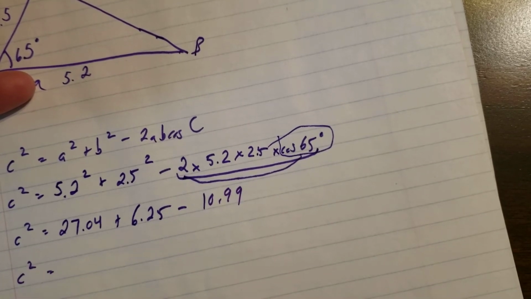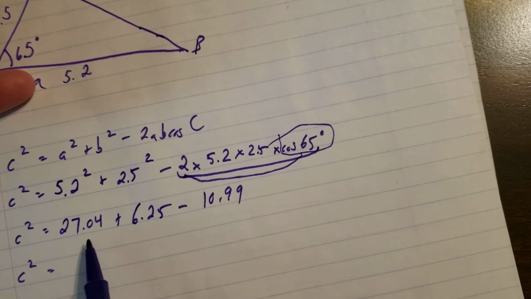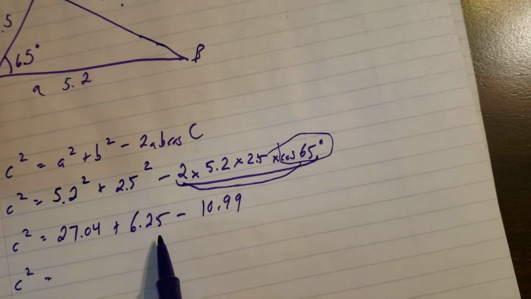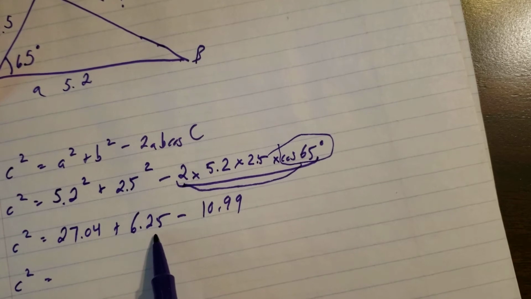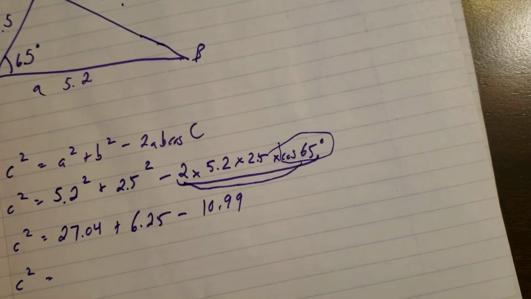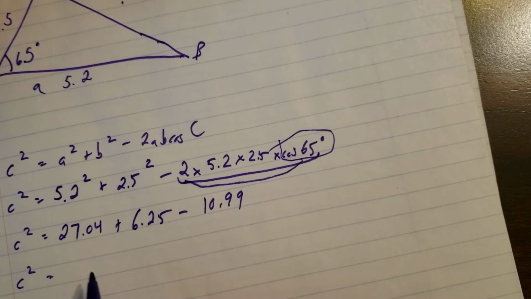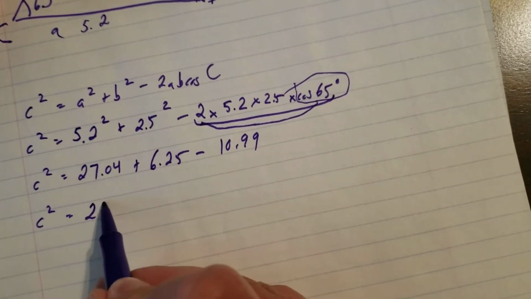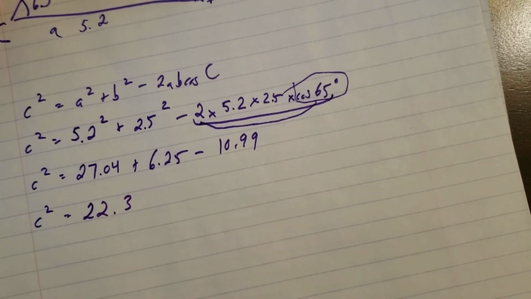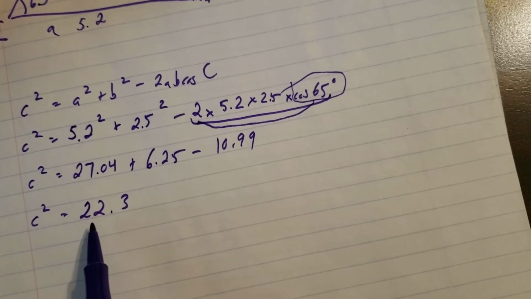Now I'm just going to punch this in as it looks. So I'm going to do 27.04 plus 6.25 minus 10.99. Just check it on your end. You should get the same thing, 22.3. Now, c squared is equal to 22.3.